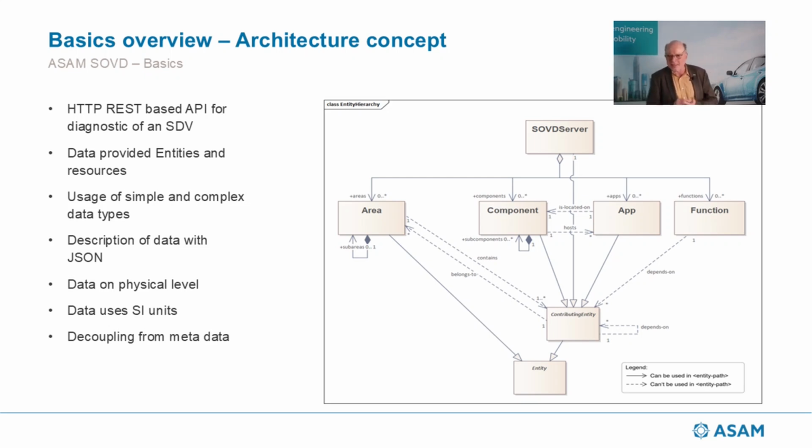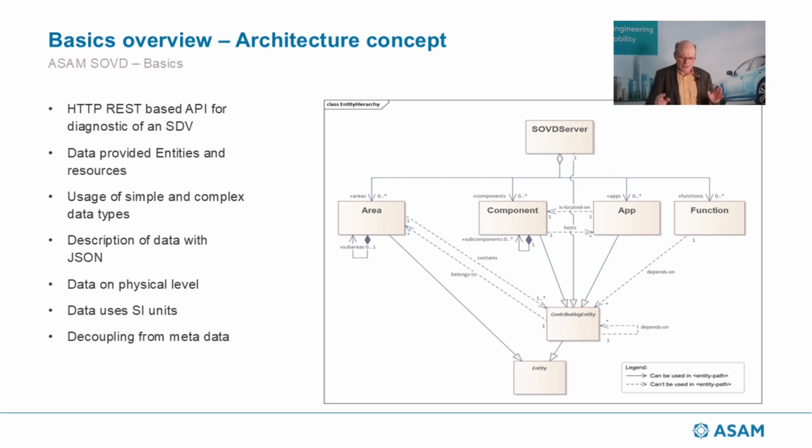A component is at the end an HPC or an ECU, and the component, like you see here, has subcomponents. Another view on this is an app. An app stands for application, and then we have the areas. The areas can have sub-areas, and we have functions. And these 5 entities which you see are the only things which you can use.